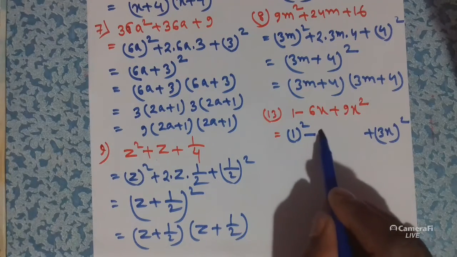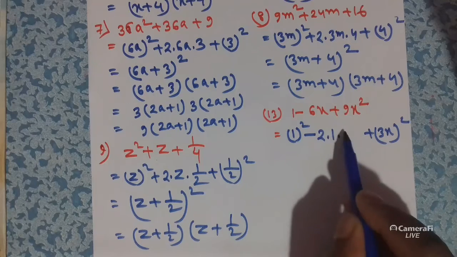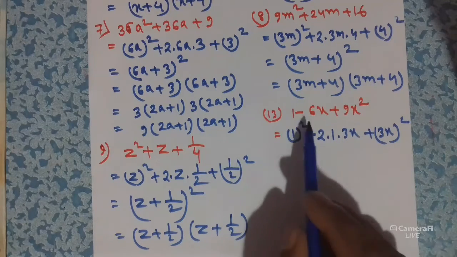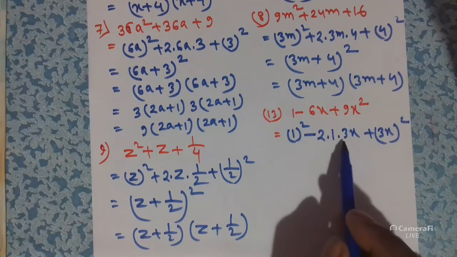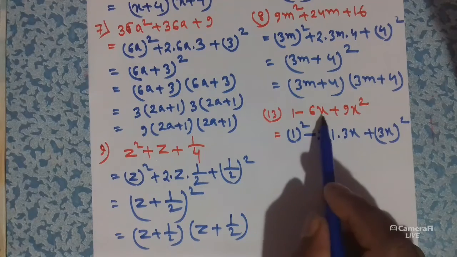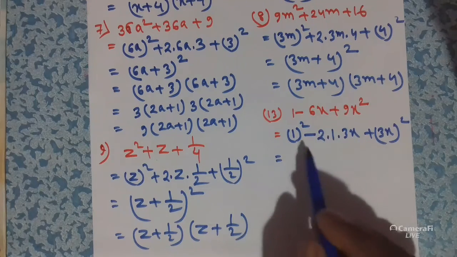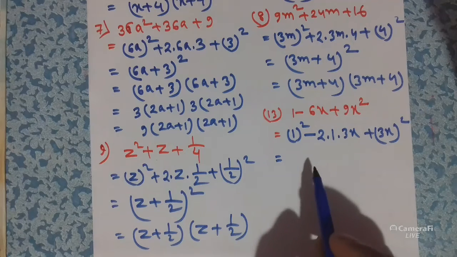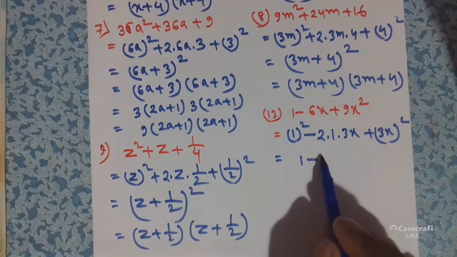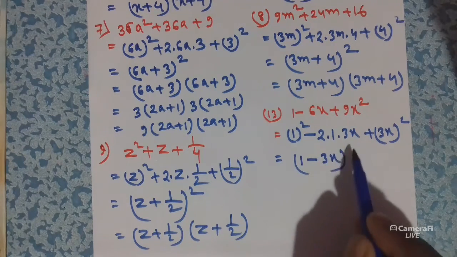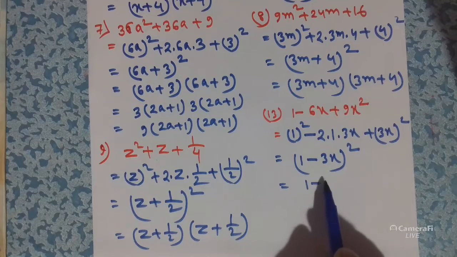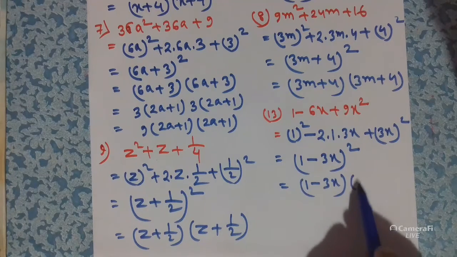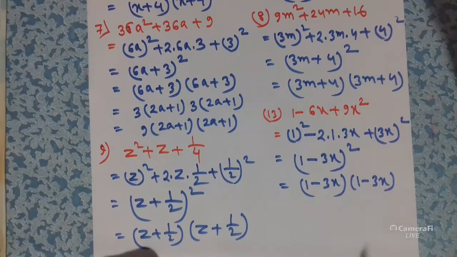In the middle 2ab, a means 1 and b means 3x. So here you can see 3 into 1 into 2 is 6, and minus 6x will automatically come. So a square minus 2ab plus b square. We have to use the formula a minus b whole square. So 1 minus 3x into 1 minus 3x.